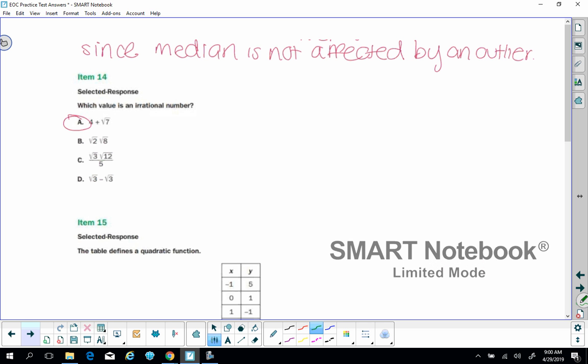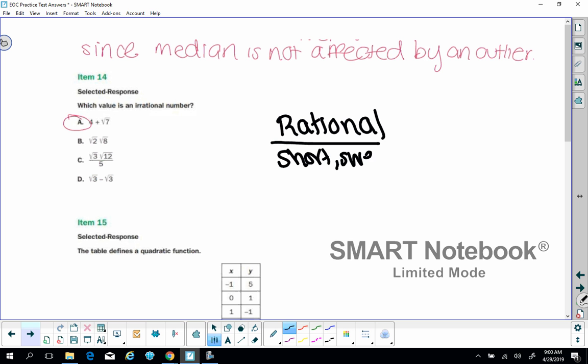All right, irrational, rational. So remember, rational is short to the point, right? It's a terminating decimal. That means it stops. So short, sweet to the point. It's also a terminating decimal, which means it stops.